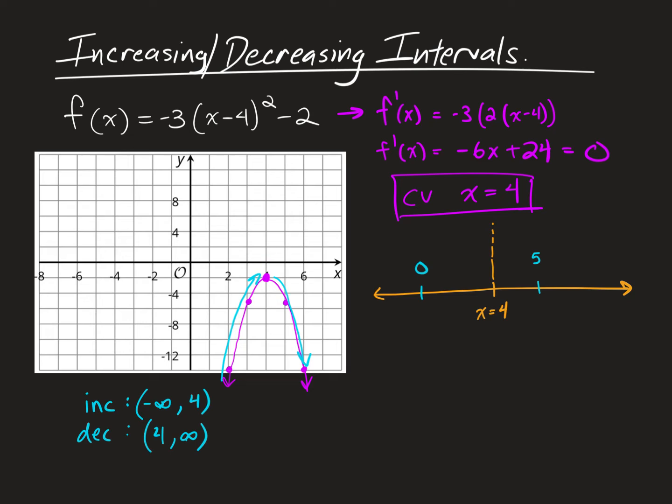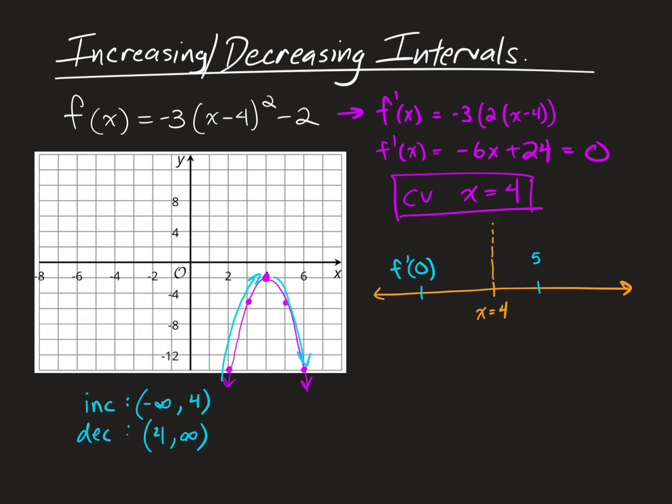All tangent lines to the left of x equals 4 have positive slopes. So we can make this jump in thinking that if any tangent line has a positive slope, then the function is increasing in that interval.